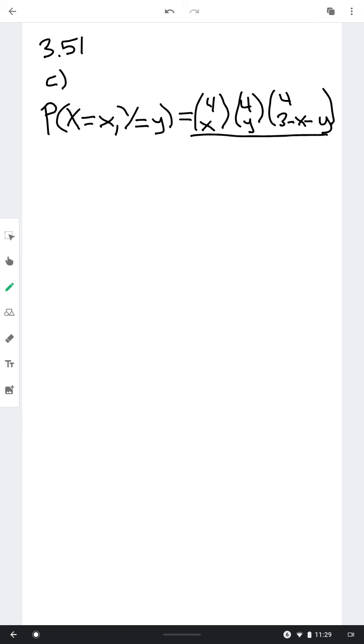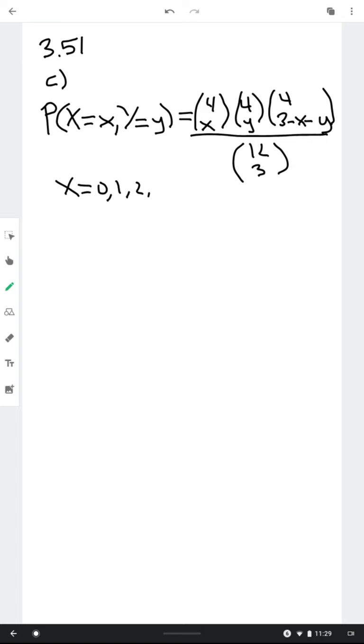So we get 3 minus x minus y, which represents our remainder, divided by 12 choose 3, where x could be from 0 to 3, and likewise y can be from 0 to 3.